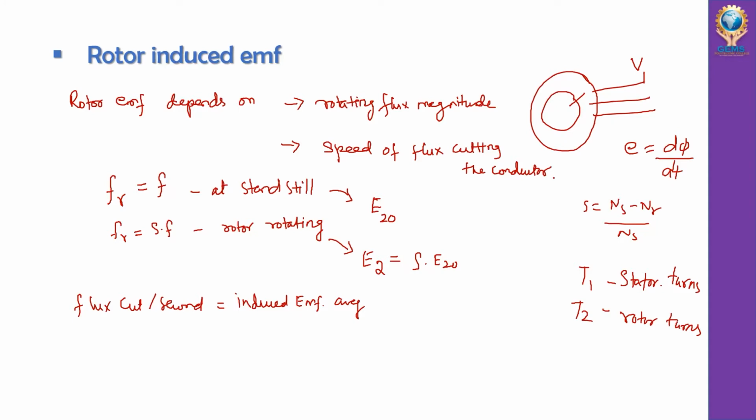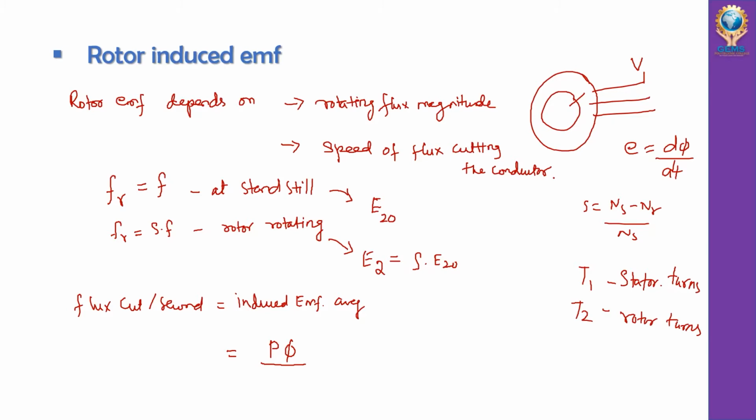Now let us see what the flux cutting per second is. The flux value we can write as number of poles into flux, cutting at a speed of ns divided by 60.